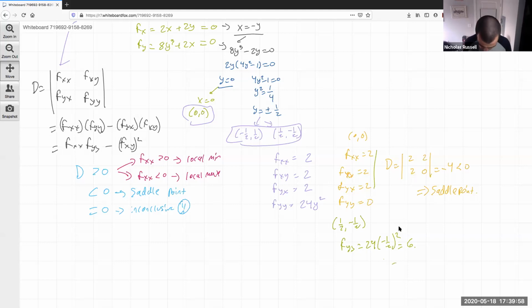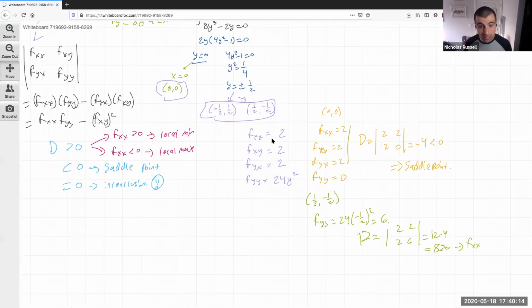And so my determinant is going to be 2 times 6, which is 12, minus 4, which is equal to 8. This is a positive number. So if it's a positive number, we note that fxx, we just take one of them, is greater than 0. And so, because we have fxx greater than 0 and our determinant is greater than 0, this will give me a local min.